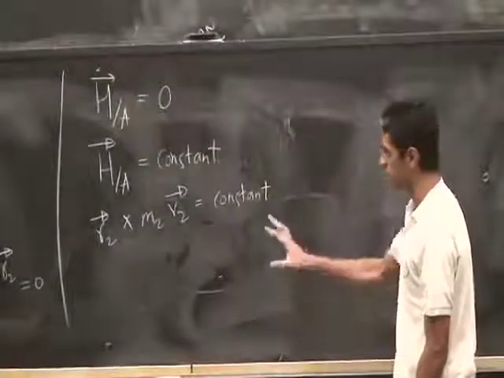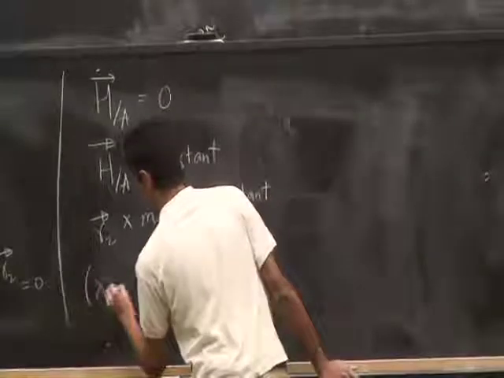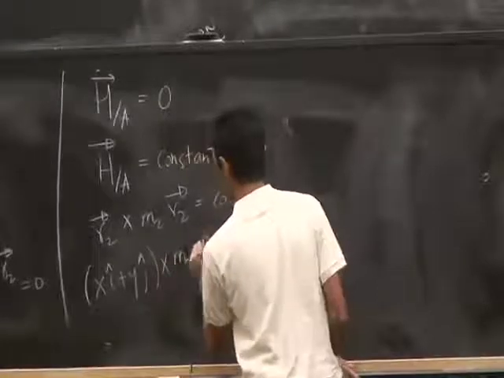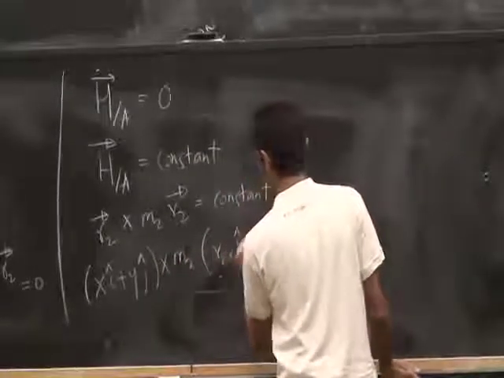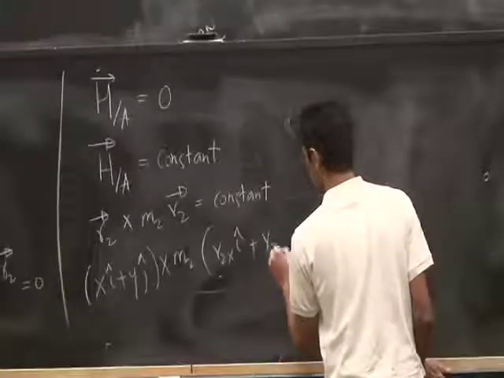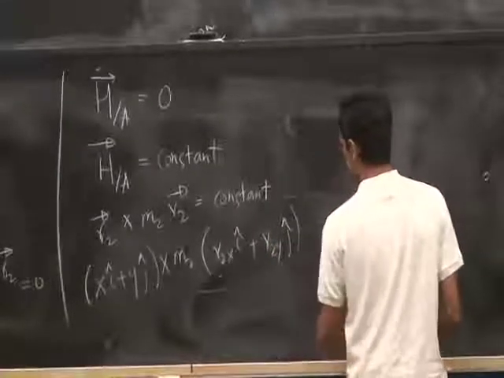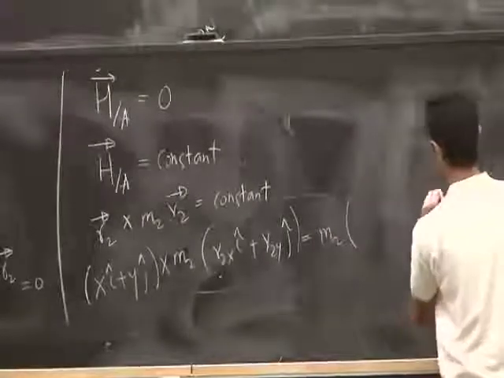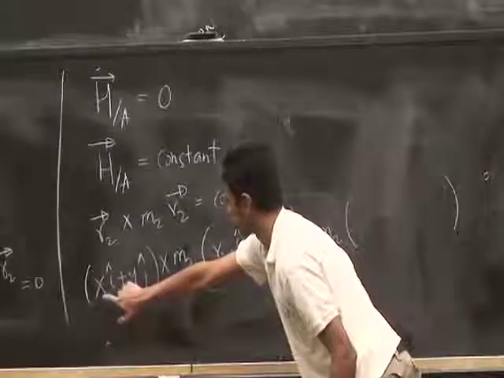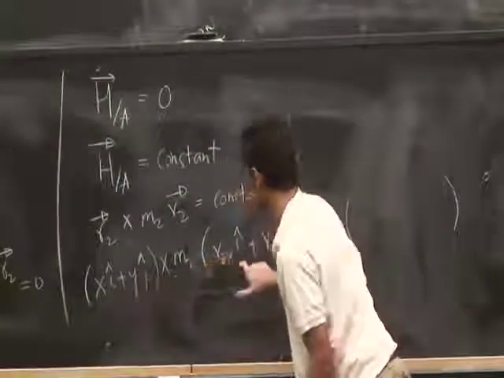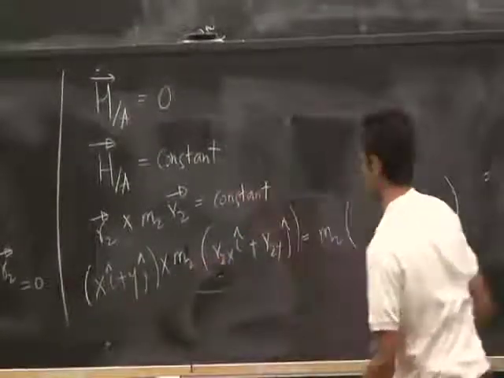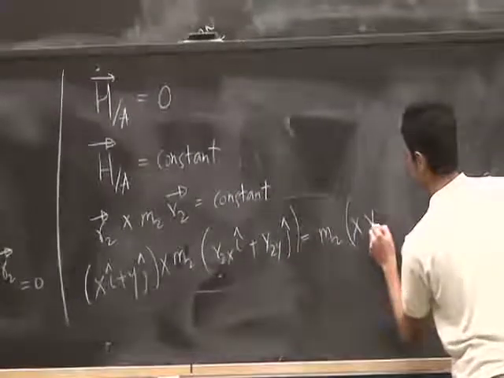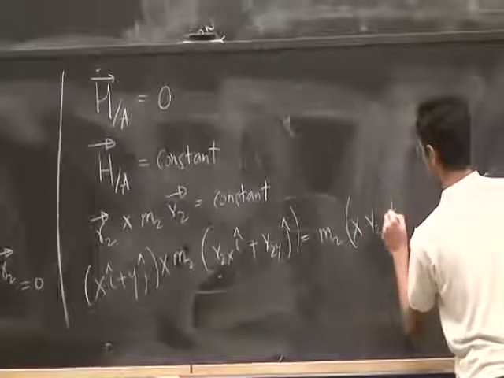Well, I'll just try to simplify this. R2 is x i plus y j, crossed with M2 times V2x i plus V2y j. I cross i is 0, x i with V2y j, i cross j is k, so x times V2y along k.